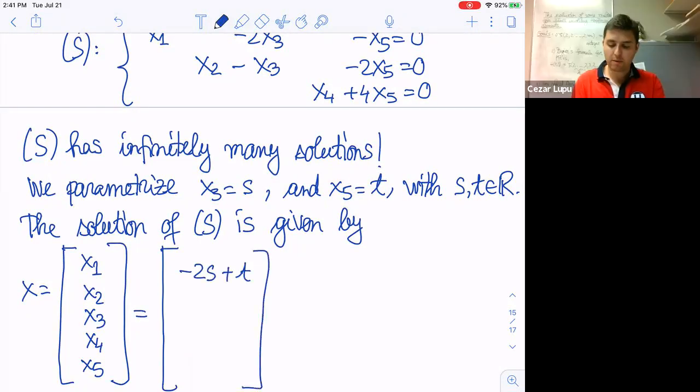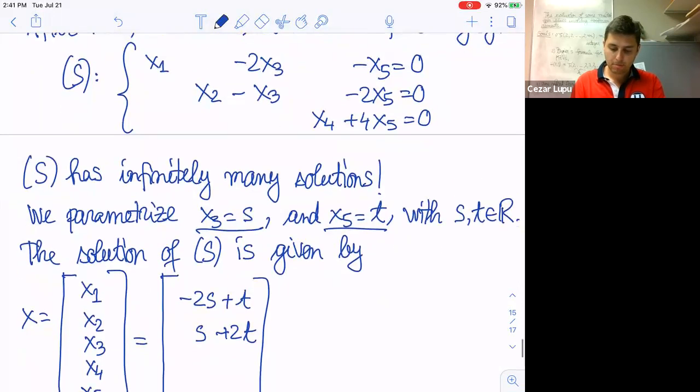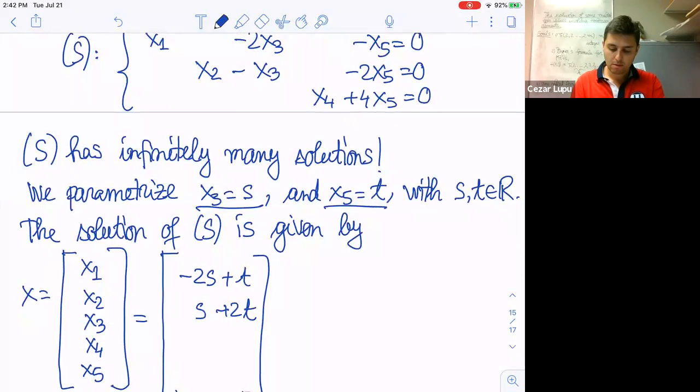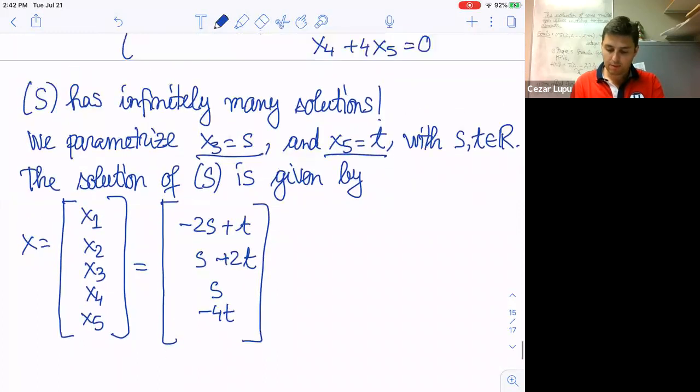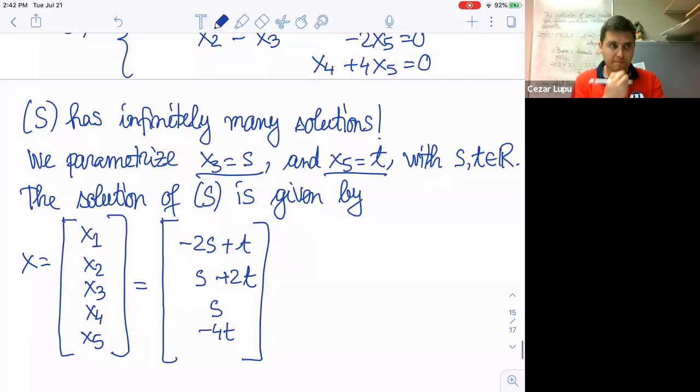So you can write all of them in terms of x3 and x5, basically in terms of s and t. Then the second one will be s plus 2t. Then the third one will be s, then negative 4t, I think. I hope I'm not making any mistakes. And the last will be t, right?